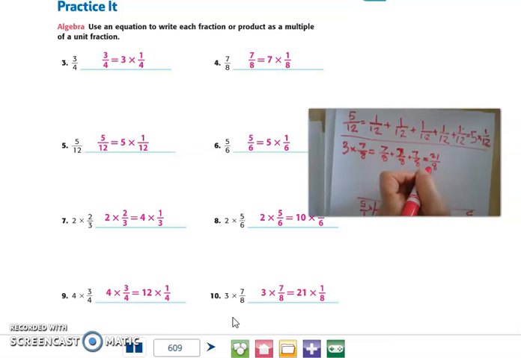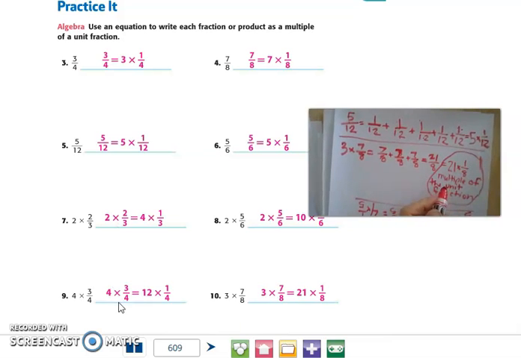If I wasn't running out of time on this video, I'd show you all the 21 1/8, but I am running out of time, so I'm going to show you just 21/8 is 1/8 21 times. So that's as a multiple of the unit fraction. Let me write it. Multiple of the unit fraction is what they're asking for on numbers 7, 8, 9, and 10. That's what you're looking for. Hope that helps you get through this page.